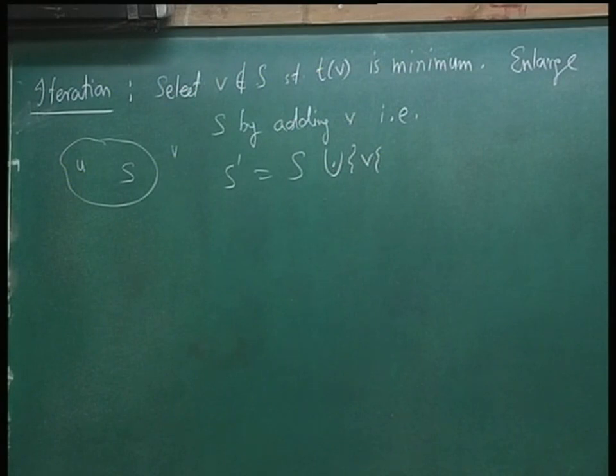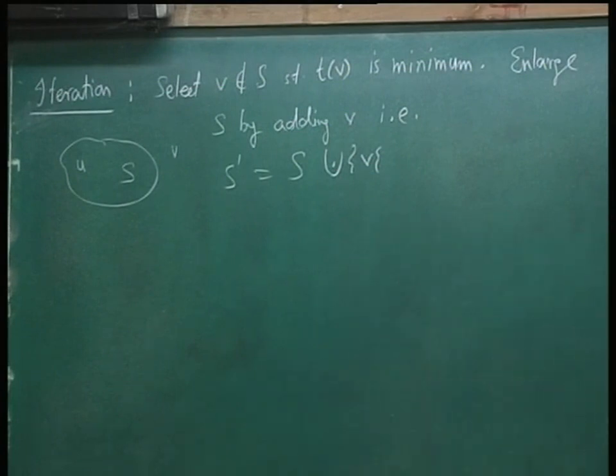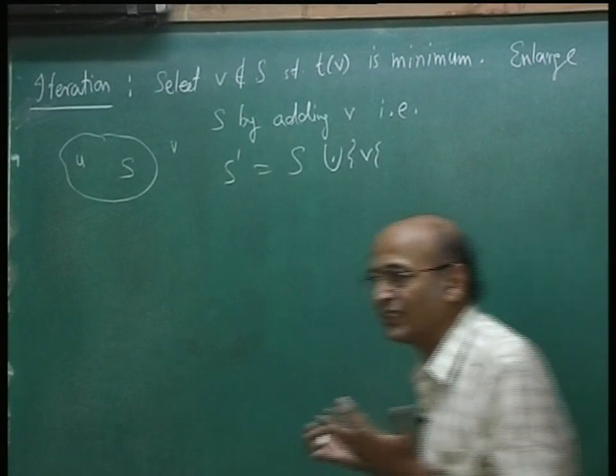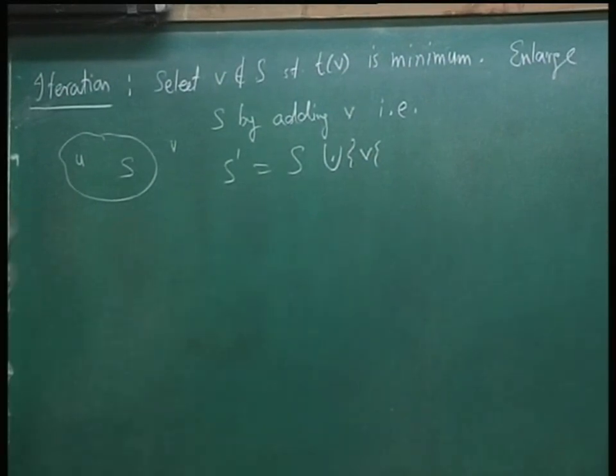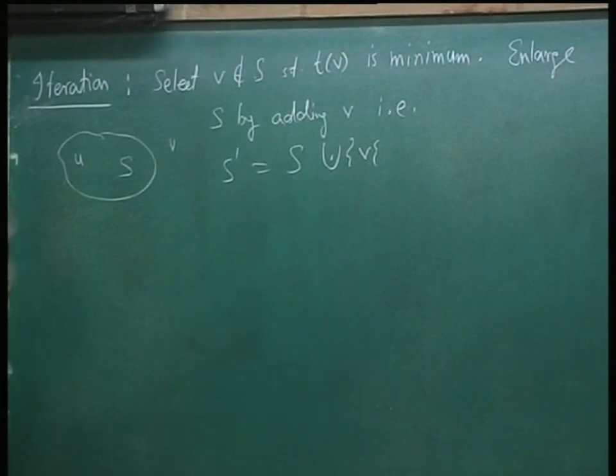That's not possible. Computer science people think of things in a different way. If there are 10,000 vertices, you cannot have the luxury of having 10,000 names. You cannot have S dash and S double dash and S 100 dash, etc. You just cannot do that.